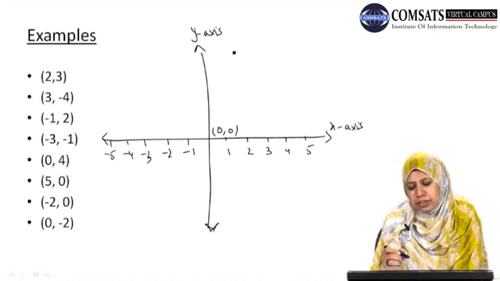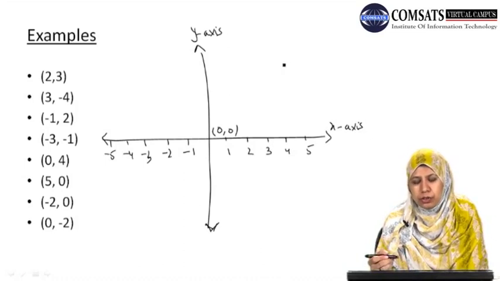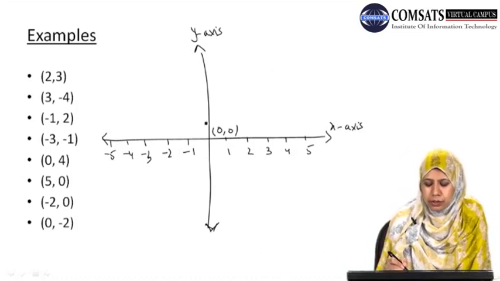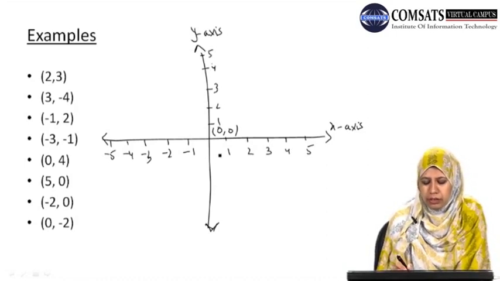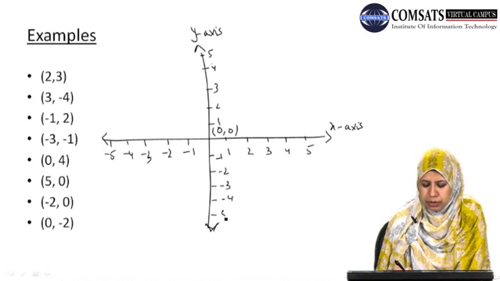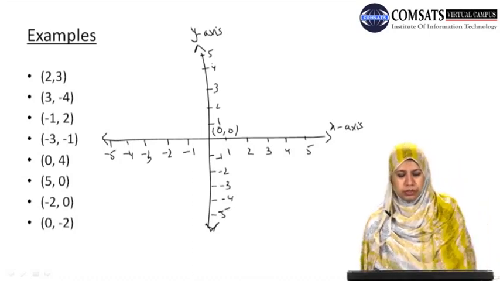Similarly, the y-axis is also a real number line, so upwards we have positive values, 1, 2, 3, 4, 5, and downwards we have negative values, -1, -2, -3, -4, -5, and so on.